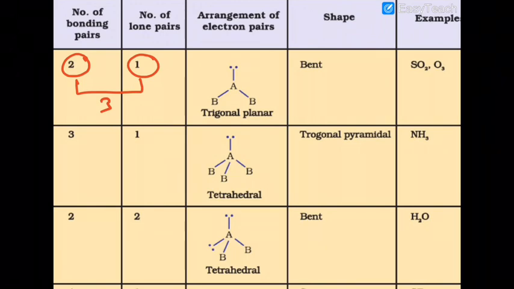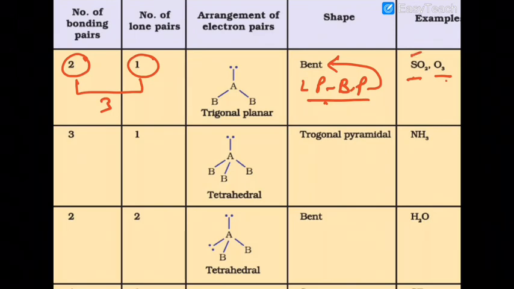Because of lone pair, bond pair repulsion, and due to that it got a bent structure. Ozone and SO2 are such structures. I already discussed SO2 structure with you.